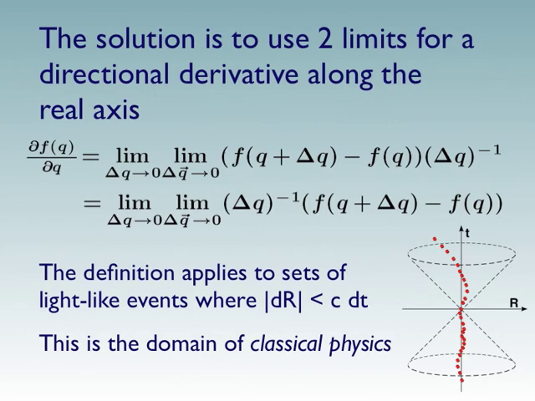So my solution to this issue is to use two limits in order to get a directional derivative along the real axis. This is kind of stealing from L'Hospital's rule, and L'Hospital actually stole it from a Bernoulli brother.